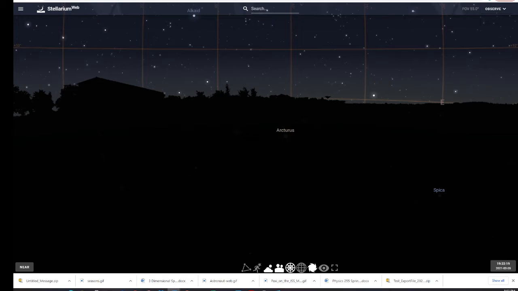The time of equinox and the date will sometimes vary a day or two from year to year because we have a leap year.